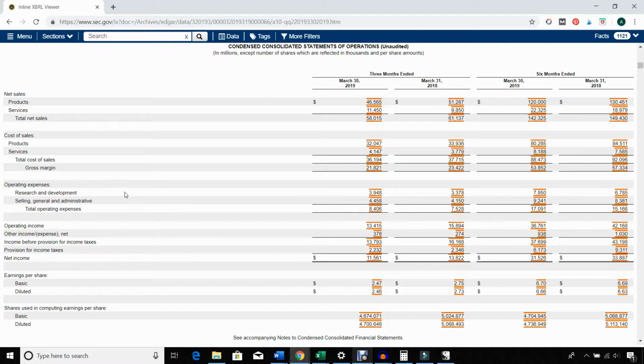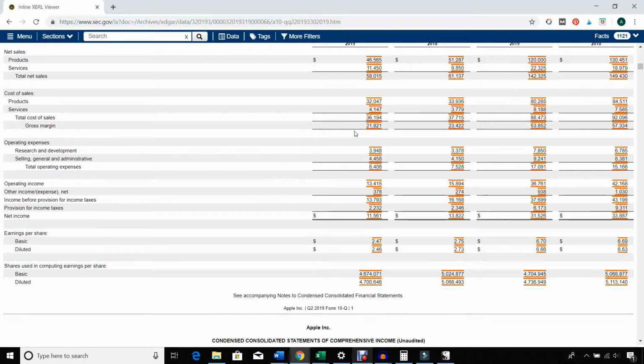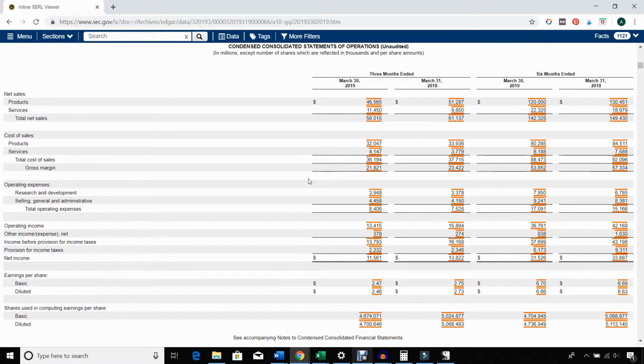It includes things like research and development, marketing spend, selling, general and administrative costs for your accountants, for your finance people, for your sales people, that sort of thing. So those are your operating expenses. Once you take your operating expenses away from your gross profit, you'll have your operating income, and operating income is basically the income from the core operations of the business.